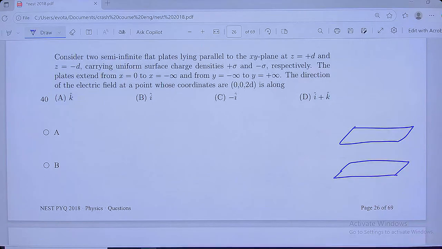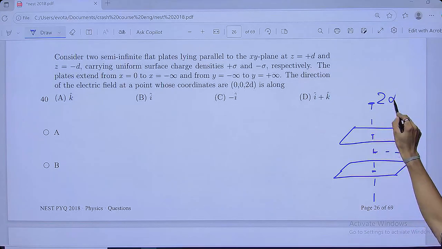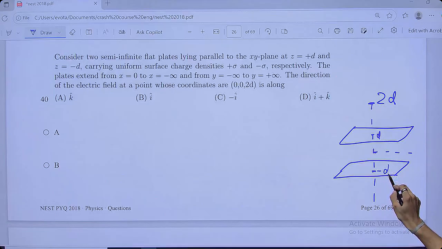So in the z direction at 2D, we need to calculate, if this is the origin and both the plates are at perpendicular distances d. So at some point 2D in the z axis, we need to calculate the direction of electric field.